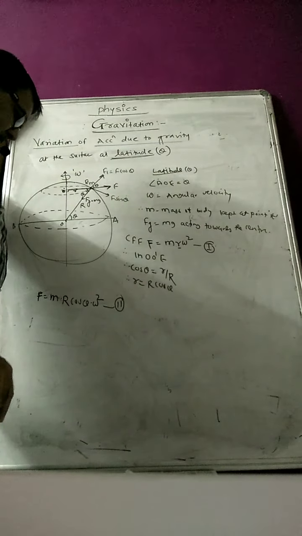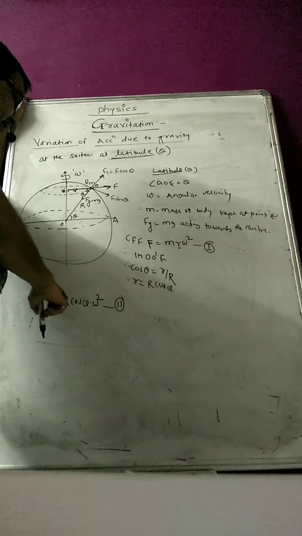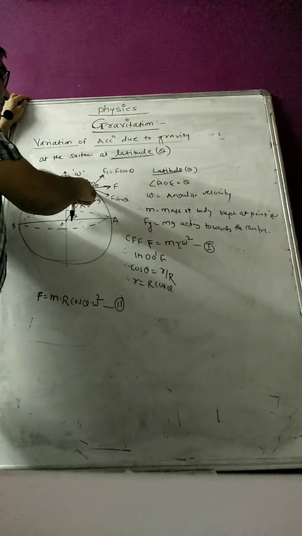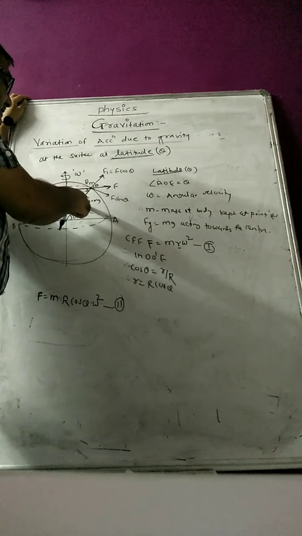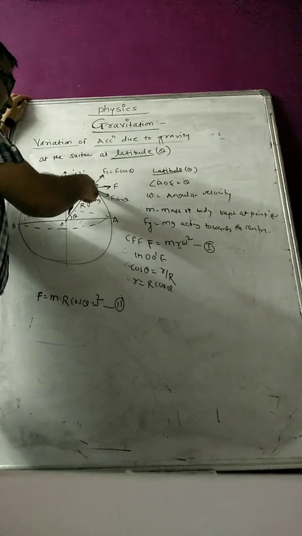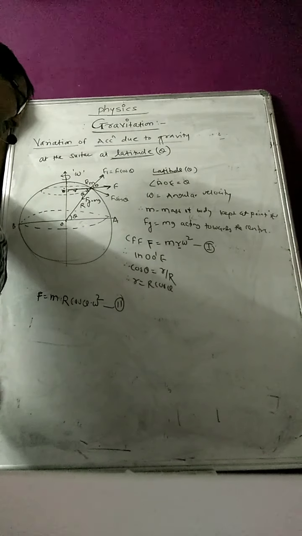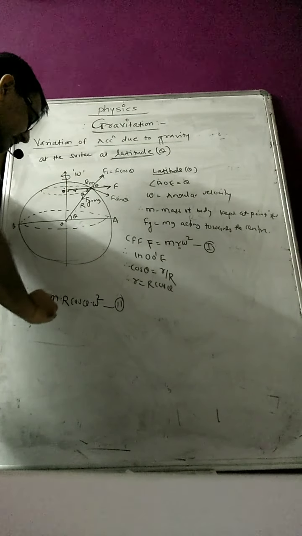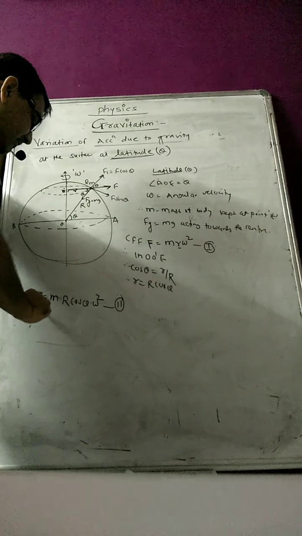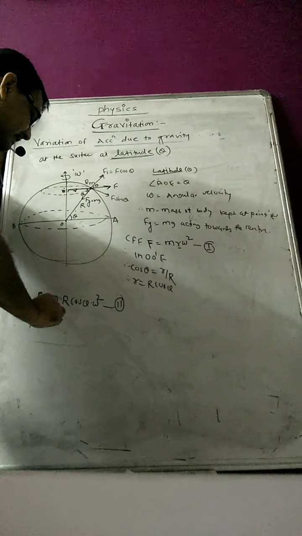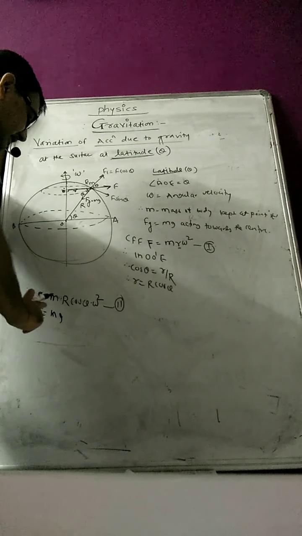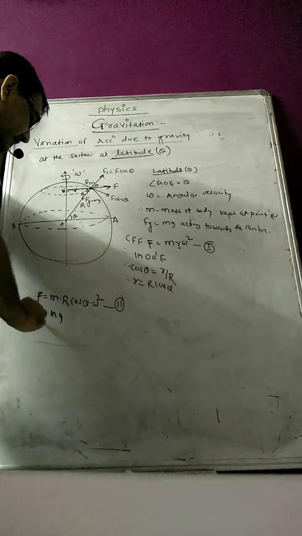But now if I want to calculate the other force which is acting on that particle at point E, that is the force due to gravity, that is the mg, which is acting towards the center. So therefore the resultant force F dash, as F due to gravity will be mg.